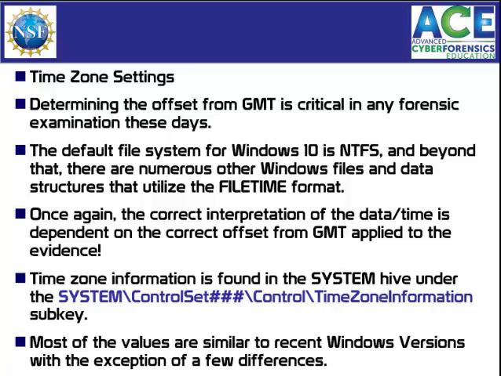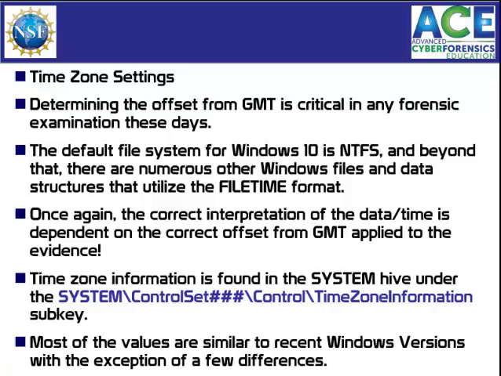So for example, if there is a 4-minute variance in the clock, that is something that you'd want to note, that the system clock was 4 minutes off. That is vastly different from the time zone settings, which are more applicable and akin to regional settings, meaning what is the time zone offset from GMT or UTC.